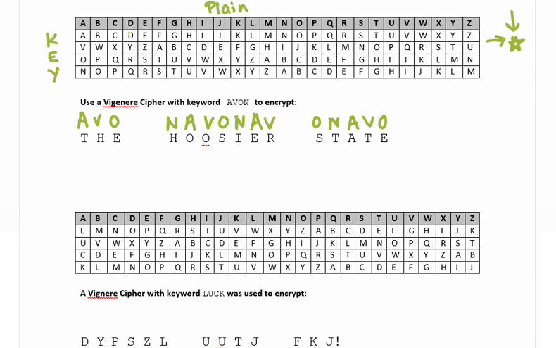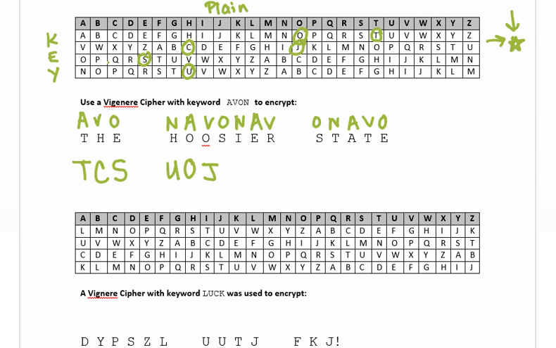All right, so code letter A and plain text T intersect at a T. Code letter V and plain letter H intersect at C. Code letter O, plain E intersect at S. Code letter N, plain letter H intersect at U. Code letter A, plain letter O, intersect at O. Code letter V, plain letter O, intersect at J.